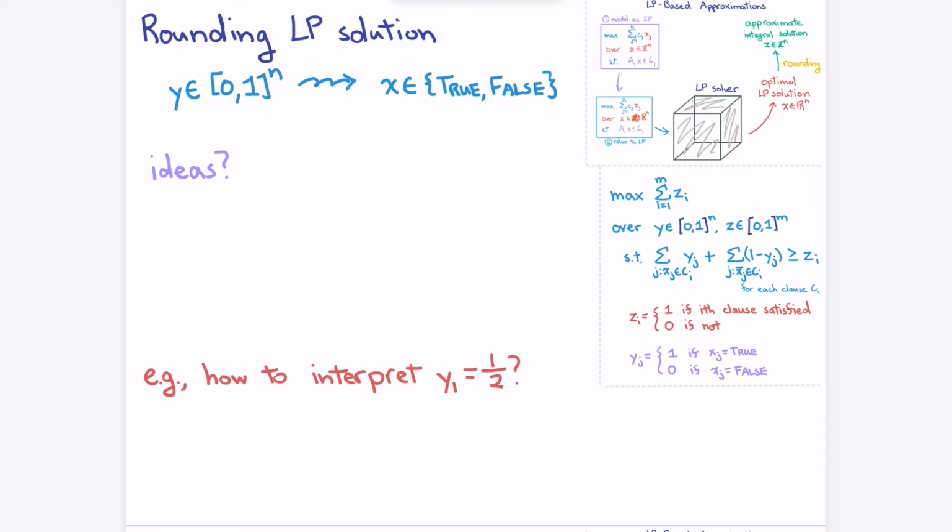It doesn't mean, for example, maybe it's a really important variable, but from a certain myopic point of view that the LP sees, which is based on some gradient of some convex program, it's not clear if it's better to set y1 to be true, or it could be really important, but just with really strong arguments on both sides. So it's not clear to me that y1 equals 1/2 is the LP telling us it's not important. It's just telling us it's very hard to decide.